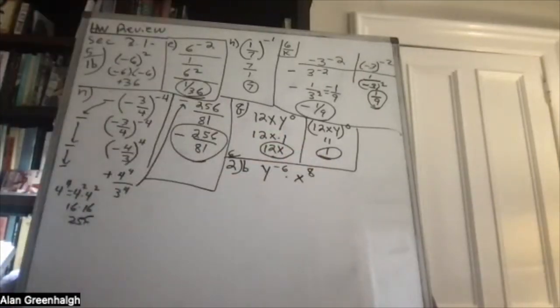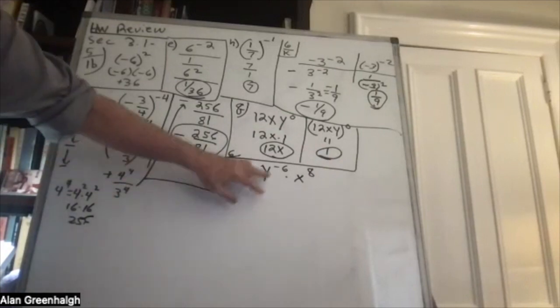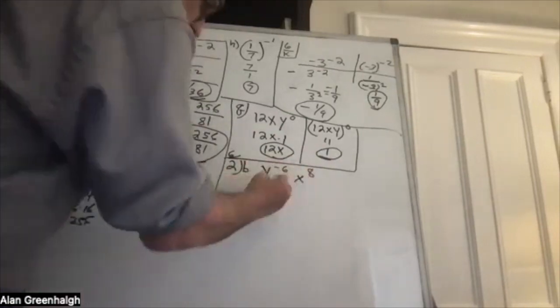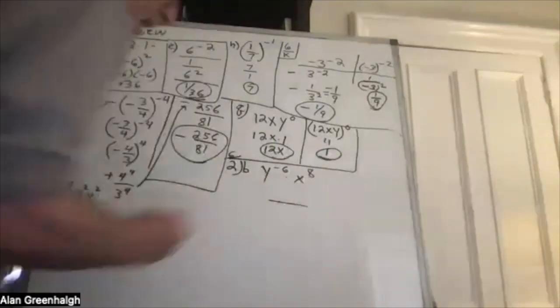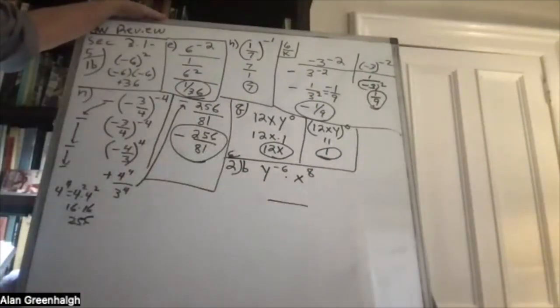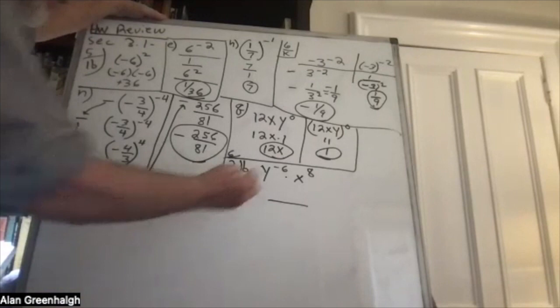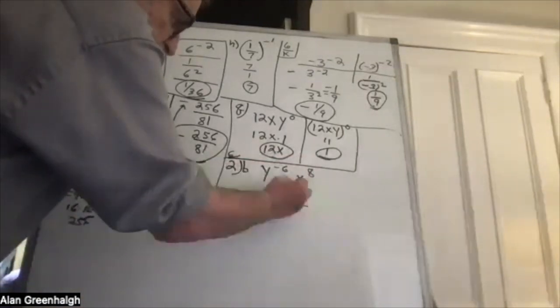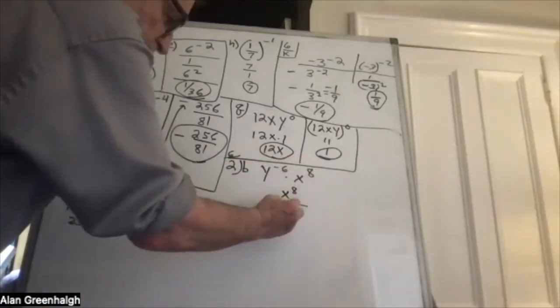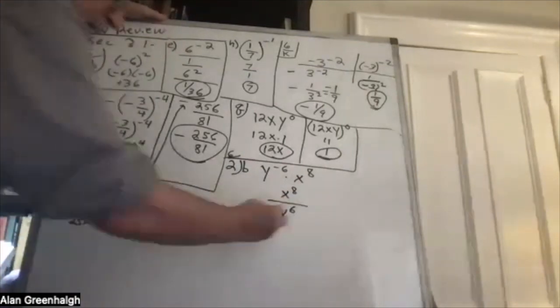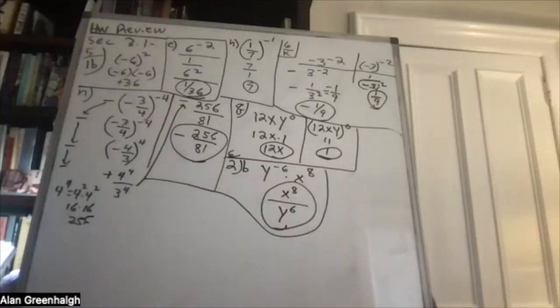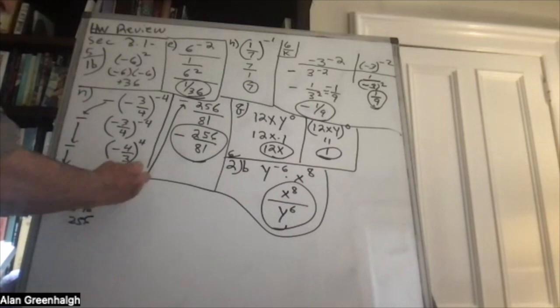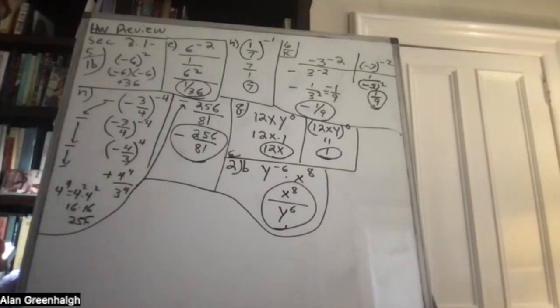All right, well, since this is to the -6, we're creating a fraction. And we want to know what goes in the numerator, what goes in the denominator. Well, x to the 8th goes in the numerator, and y to the 6th goes in the denominator. This is the answer to the question. Okay, so since nobody's saying anything, I'm just plodding on.